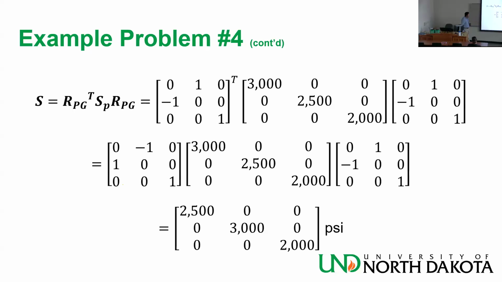SP, the principal, has only normal stresses in the principal directions, so it's zero everywhere except the diagonal. These examples are very idealistic, like normal faulting, strike-slip faulting, reverse faulting.